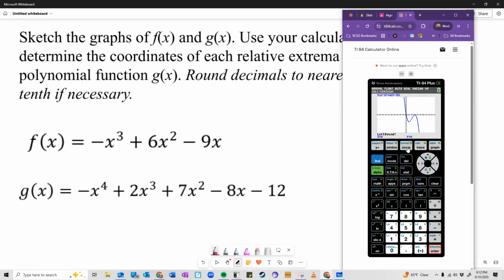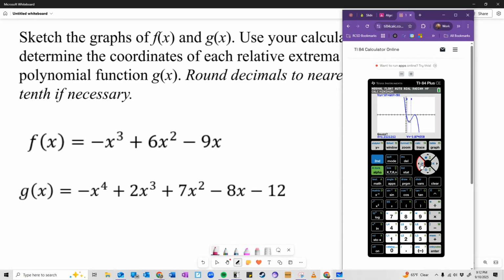And if you see on the bottom it says left bound, your calculator is saying tell me a point that's on the left side of the minimum. So as long as my blinker is to the left of this minimum, I'm going to hit enter and you'll see that line forms. And now my calculator is saying, well, tell me a right bound. So anywhere on the right side of that minimum point, press enter. And these two lines, these two arrows, your minimum should be in between those two lines.